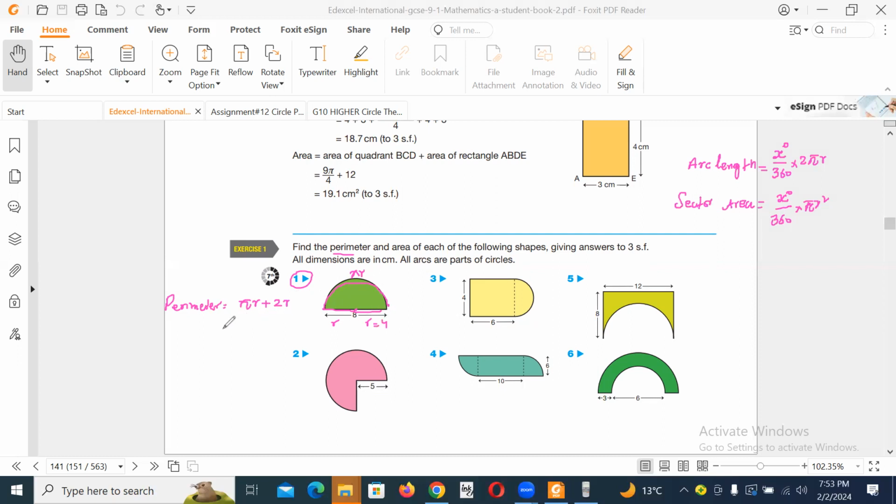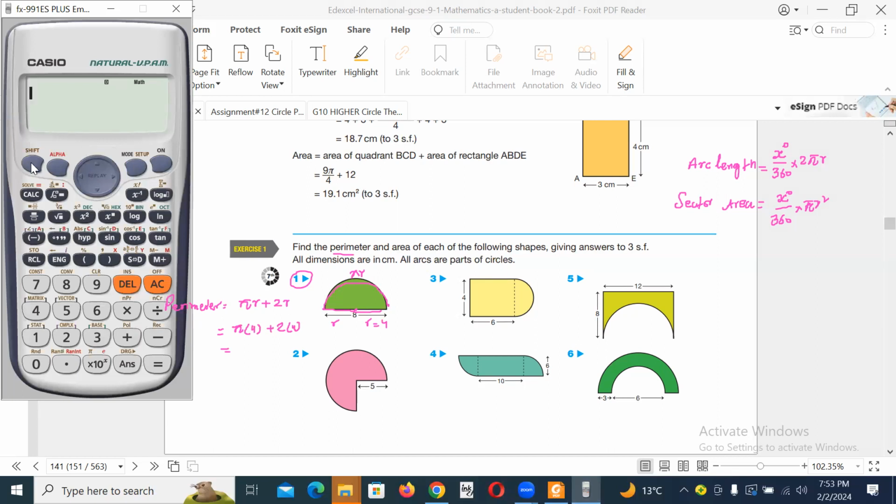Once you know r, it is done: pi times 4 plus 2 times 4. You can check in the calculator: pi, bracket open 4 bracket close, then plus 4 twos are 8. That gives me 20.5, but they want 3 significant figures, so I would say 20.6. This is the answer, and write it in centimeters.